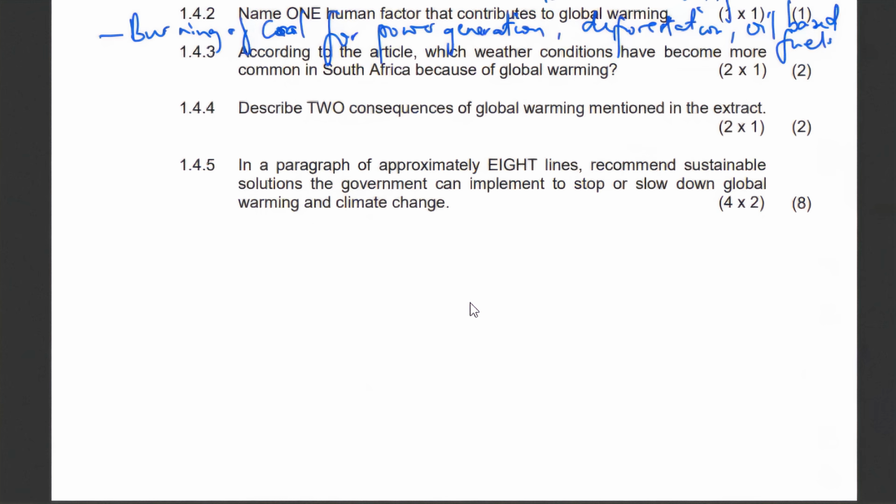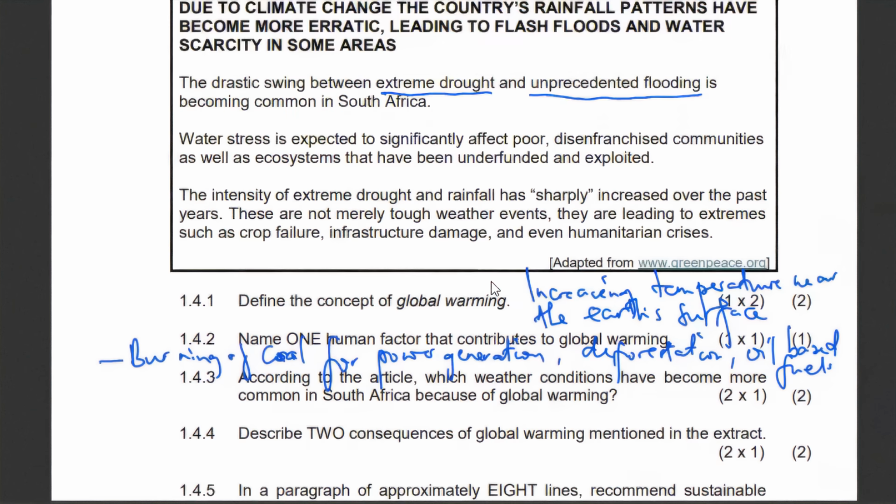Describe two consequences of global warming mentioned in the extract. The consequences mentioned here say that water stress is expected to significantly affect poor, disenfranchised communities, as well as the problem of water stress.